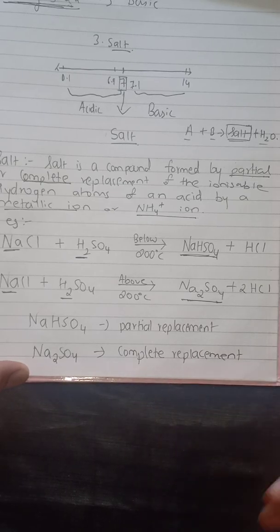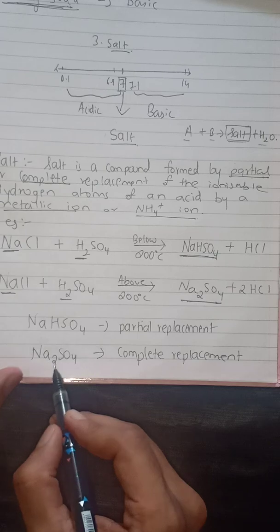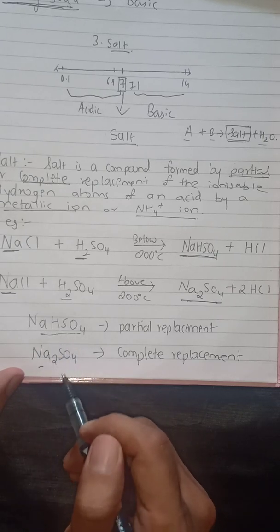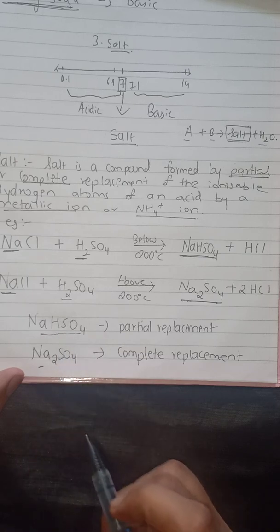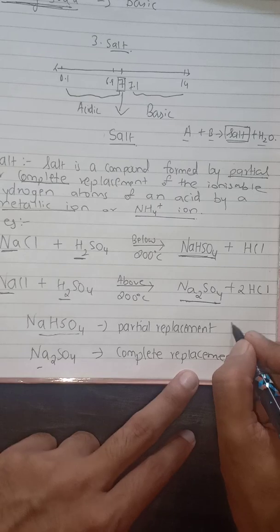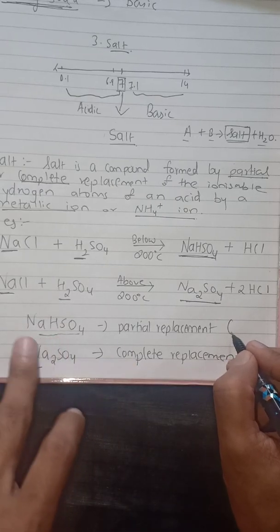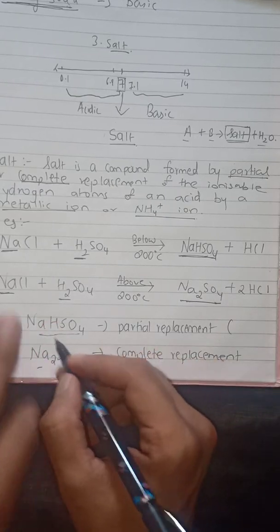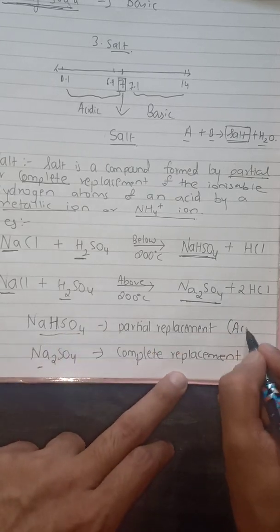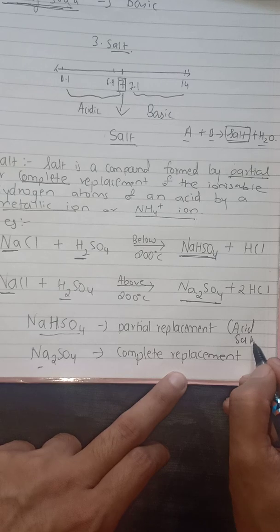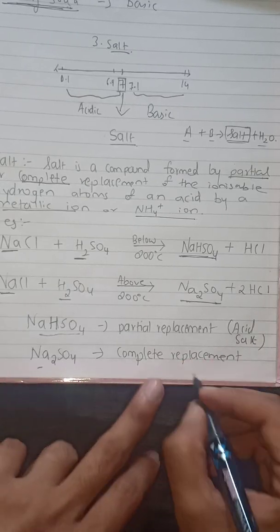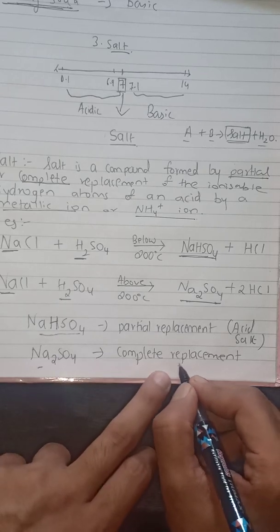Complete replacement means that in this one, a hydrogen atom is not there, while in the other, a hydrogen atom is there. So what is the difference between these two salts? The salt which has H in it is called an acid salt, and the salt in which hydrogen is not present is called a normal salt.